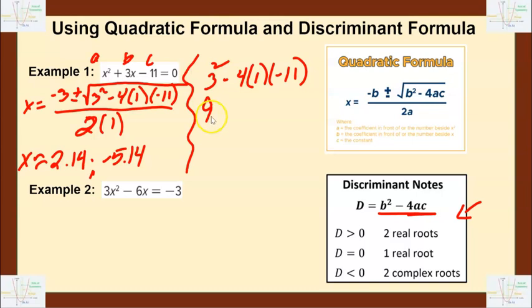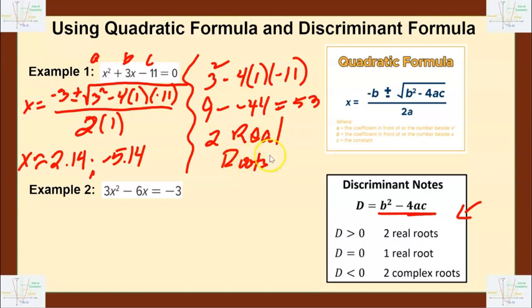This is going to give us 9 minus -44, which is going to give us a positive 53. Since my answer is positive, I know I'm going to have 2 real solutions or real roots, which is what I have over here. We found it was about 2.14 and about negative 5.14.